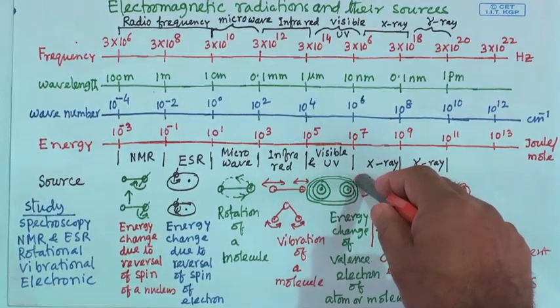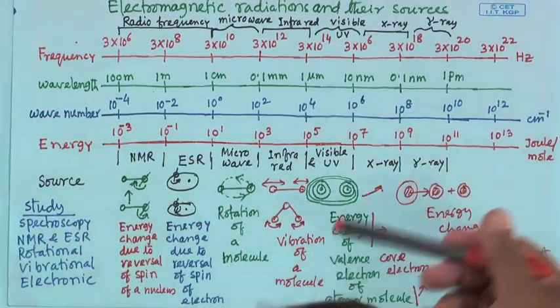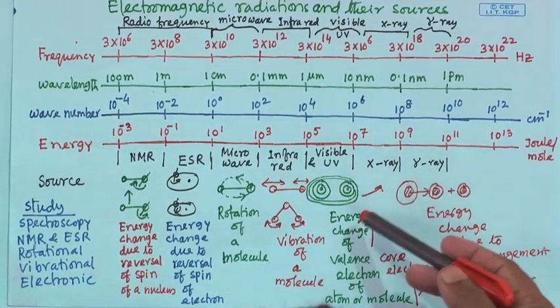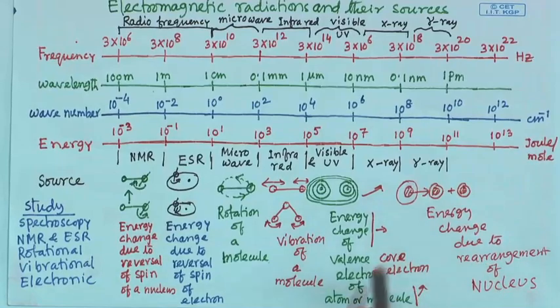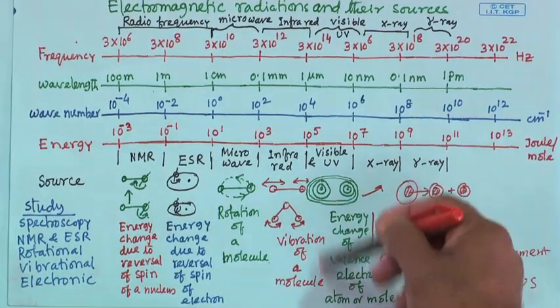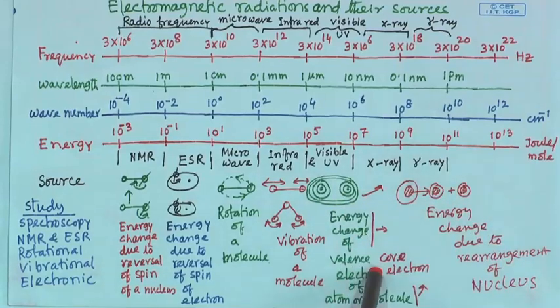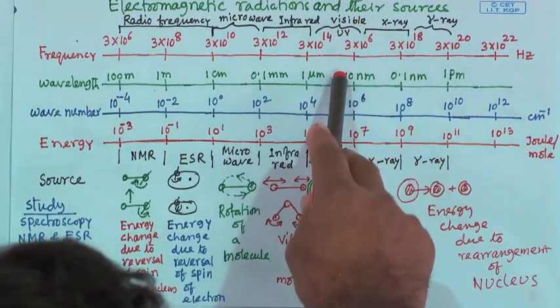Then visible and ultraviolet. This radiation comes due to energy change of valence electrons of an atom or molecule. Basically, electronic transition in an atom or molecule gives visible and ultraviolet radiation.